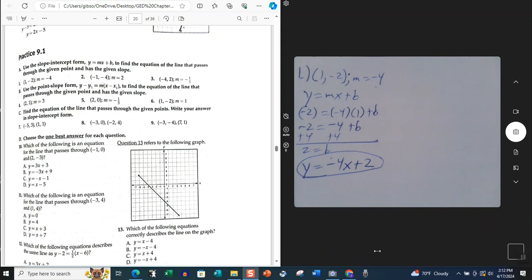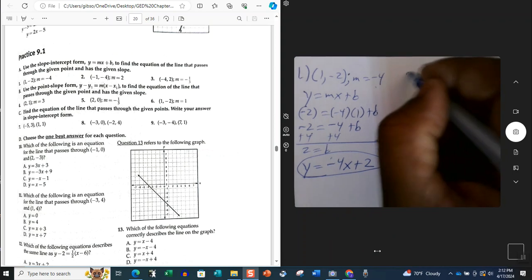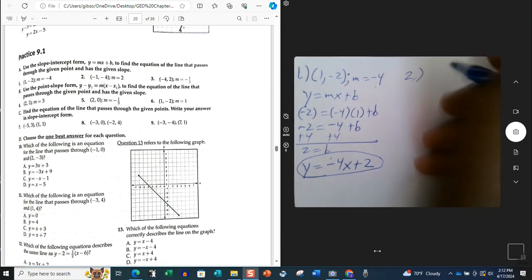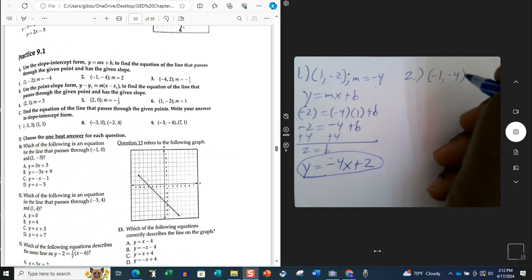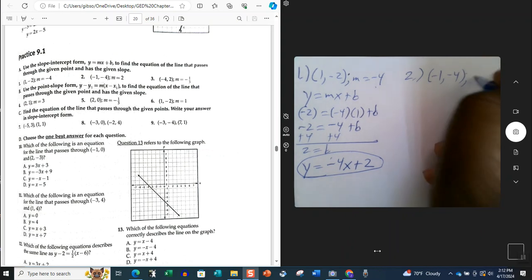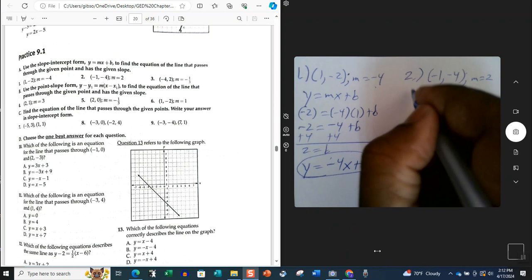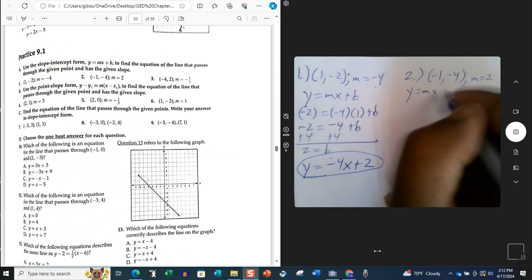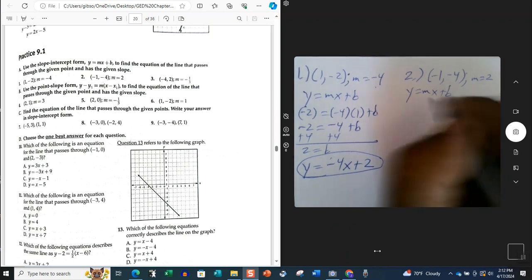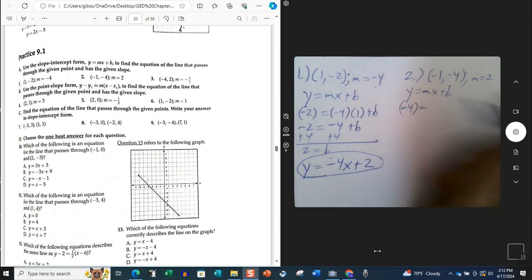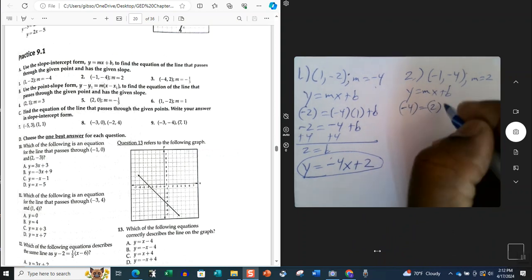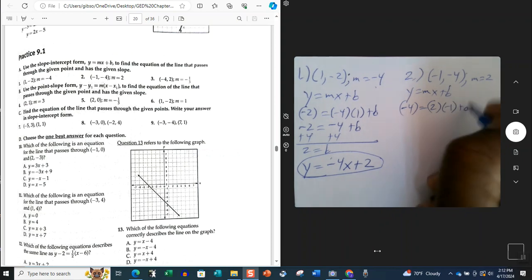All right, now the next thing, number 2. We have the ordered pair (negative 1, negative 4), and the slope is 2. So we go back to our y equals mx plus b, and then we'll substitute. We have negative 4 for y, we have 2 for the slope, and negative 1 for x.